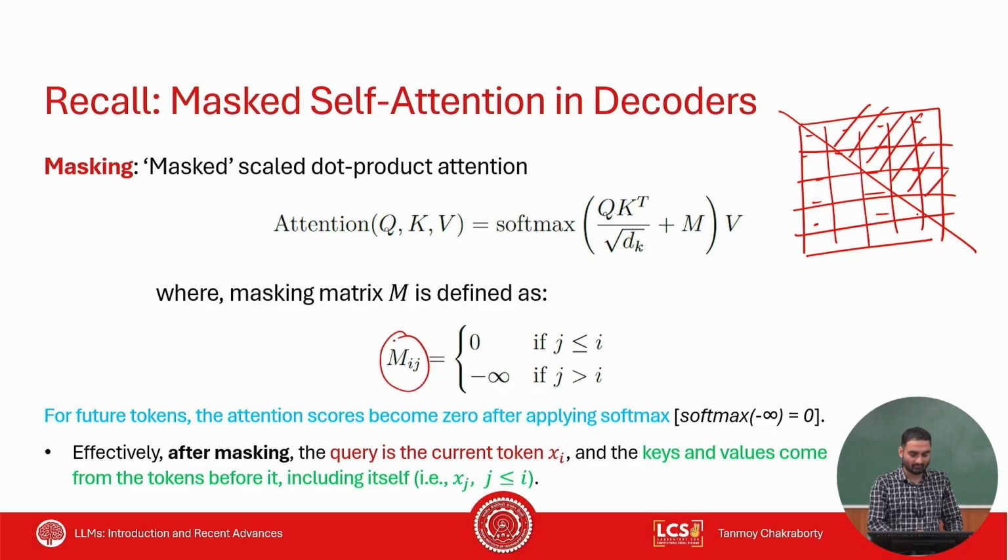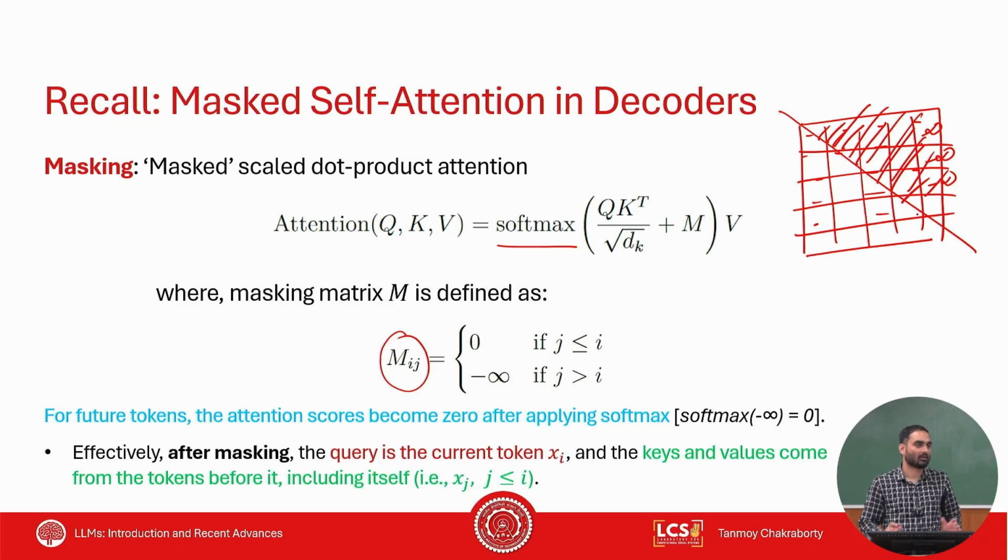We add a mask matrix called M, so essentially those numbers which fall above the diagonal will be masked as minus infinity, because then when you take softmax, this minus infinity will lead to 0. This we already discussed: masked self attention in decoders.